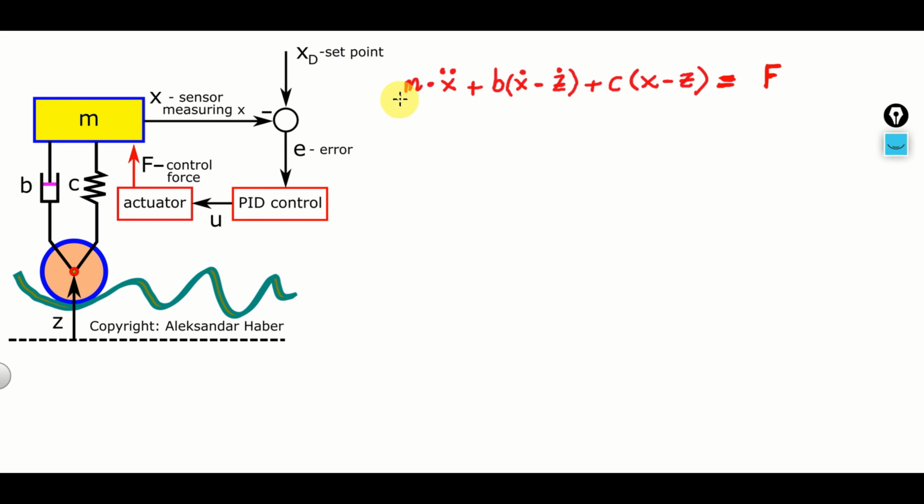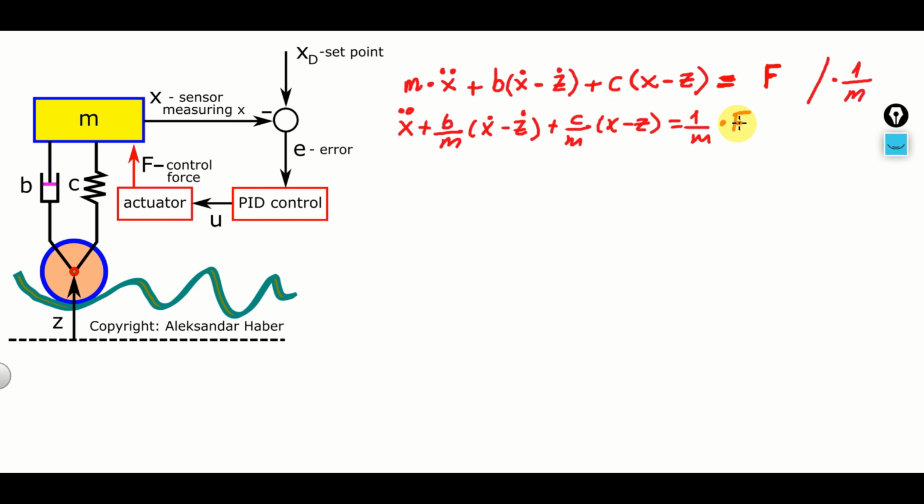Let's divide this equation by m, and let's write it a little bit differently. We have x double dot plus b over m times x dot minus z dot, plus c over m times x minus z, is equal to 1 over m multiplying the force F. Next, let's transform this equation.